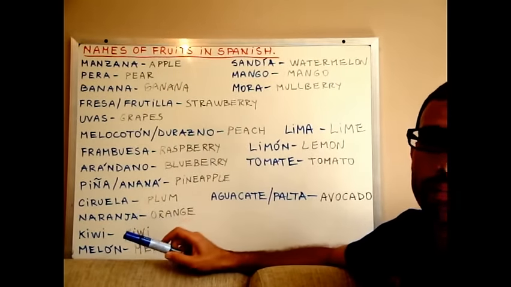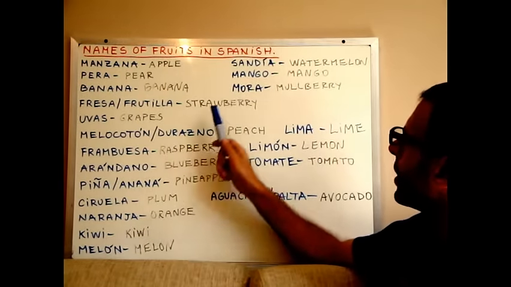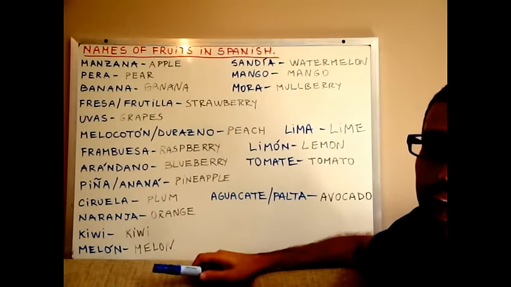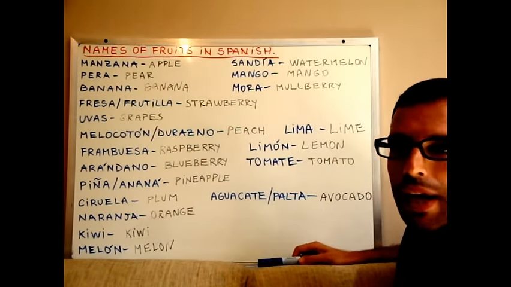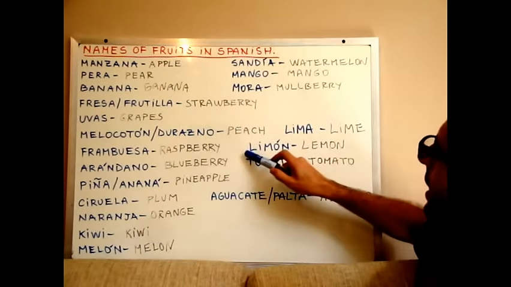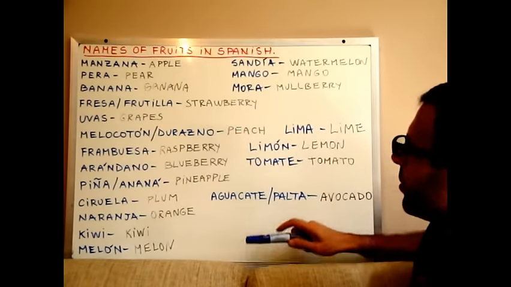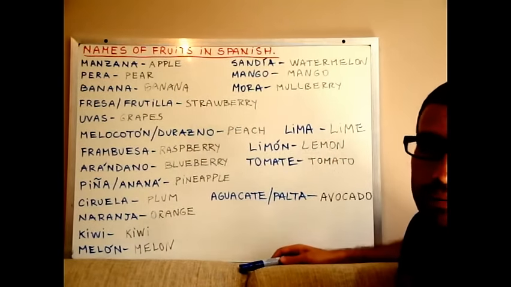Mora is mulberry. Mora. For lime, the fruit lime, we have lima. And lemon is limón. Lima, limón. Lime, lemon.